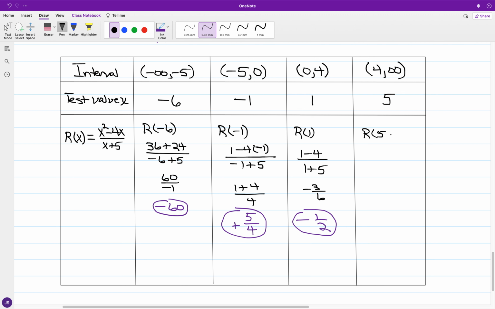Now for r of 5, okay, so you have 5 squared is 25, negative 4 times 5 is going to be negative 20, and 25 minus 20 is going to be 5. And we have 5 plus 5 is 10, and so we have 5/10 is reducible to positive 1/2.